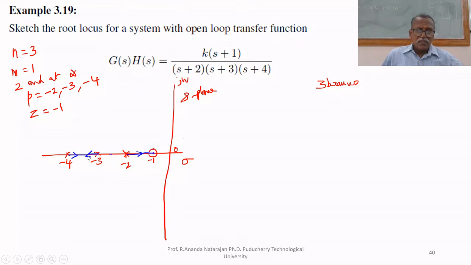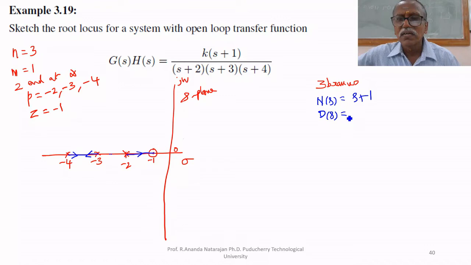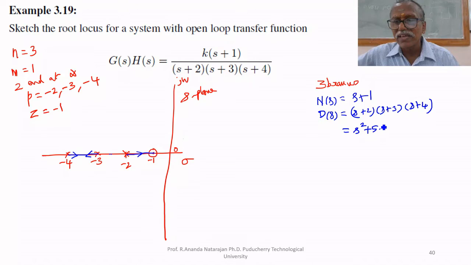Therefore, what is N of s? N of s equals s plus 1. What is D of s? D of s equals (s plus 2) multiplied by (s plus 3) multiplied by (s plus 4). That is (s square plus 5s plus 6) multiplied by (s plus 4).